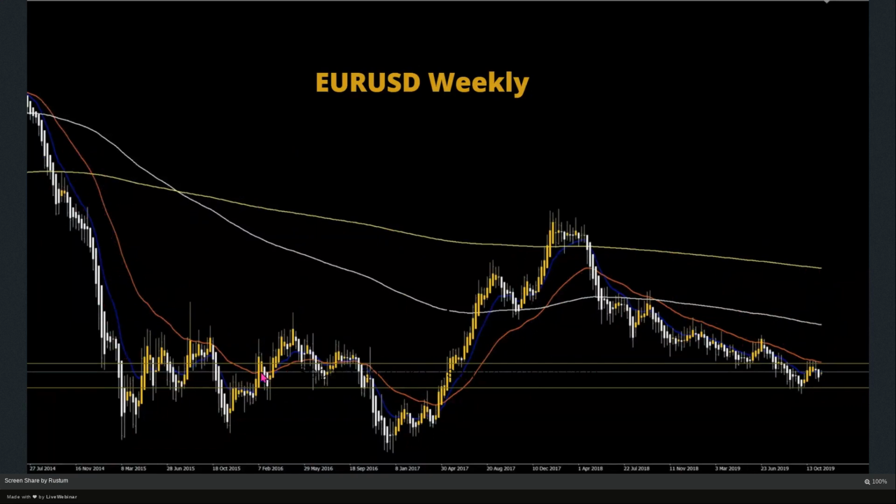And when it becomes interwound, then it shows us that it's in a range. So just by looking at this, we already have a powerful indication of which market state we are in. Fanning out, we are in a trending market. And interwound means that we are probably heading into a range.